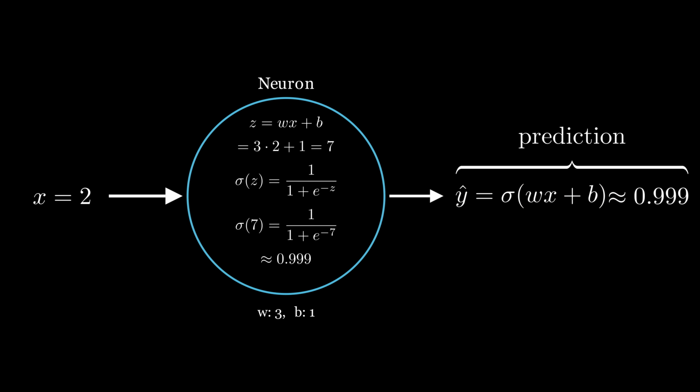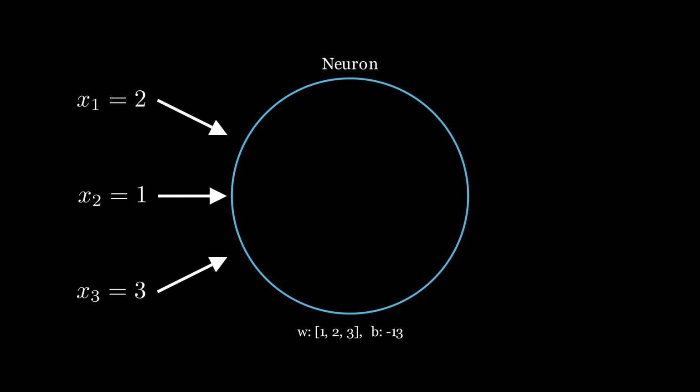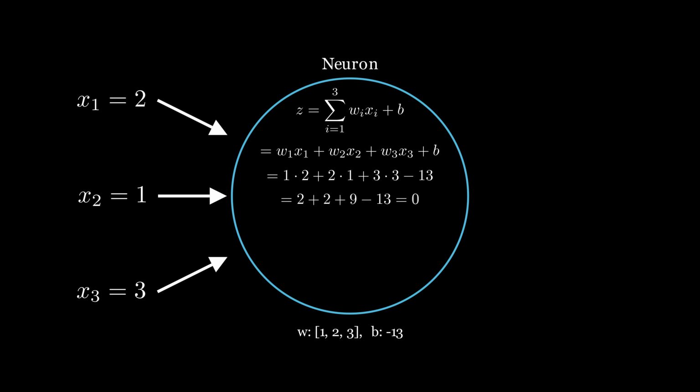Now, the input of the neuron will most likely be a vector, not a single value. So let's look at an example where x is a vector. Fortunately, not much changes. We just take a dot product of the weights and inputs, add a bias, and plug the output into an activation function. And that's it for a single neuron.